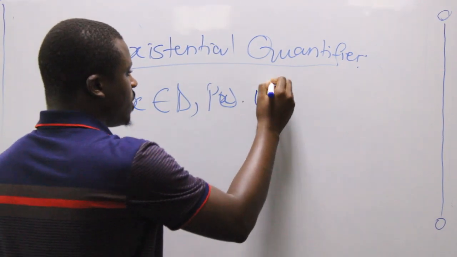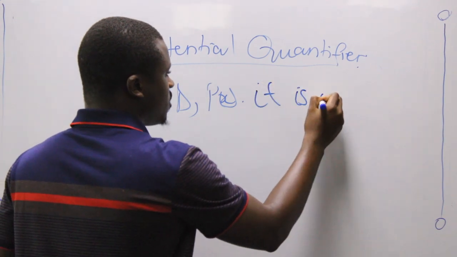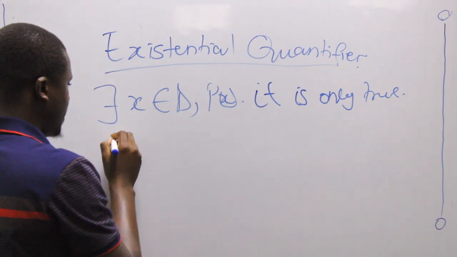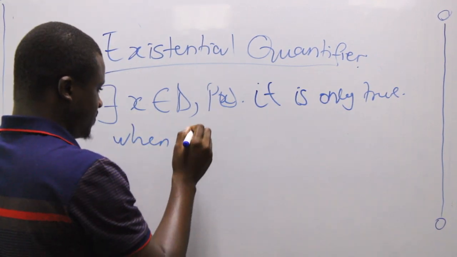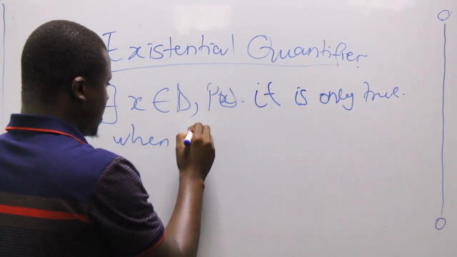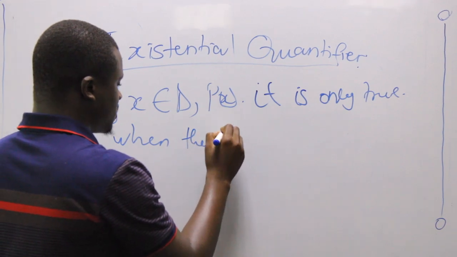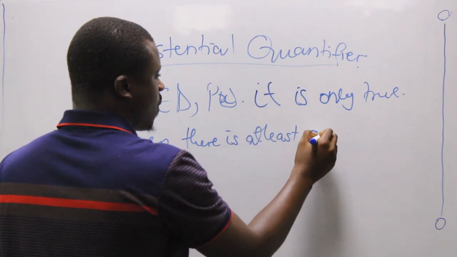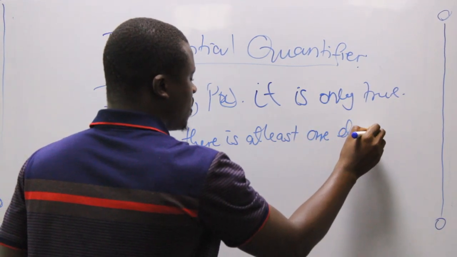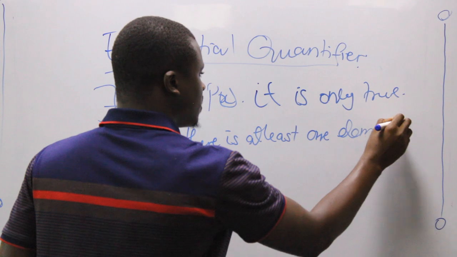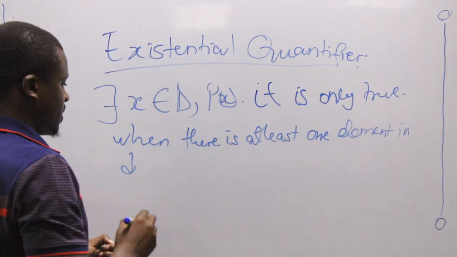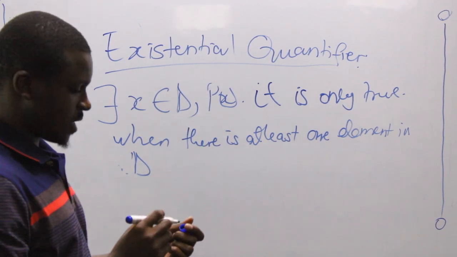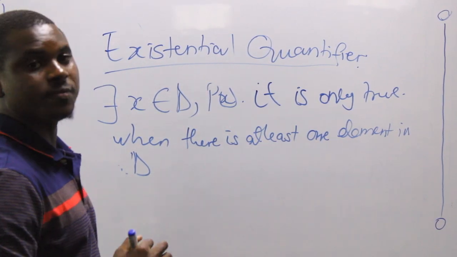So it is only true when there is at least one element in D, in our domain D, such that P of x is true.